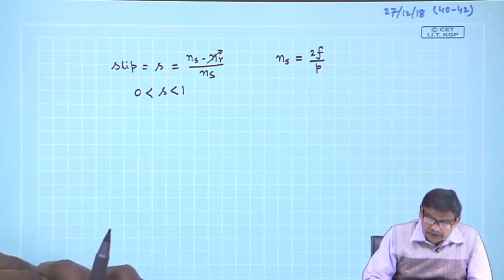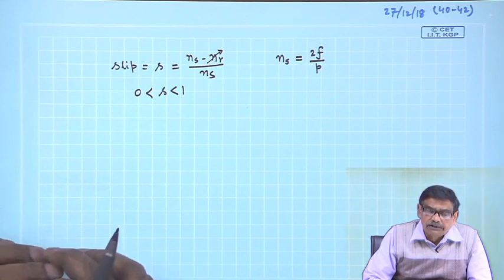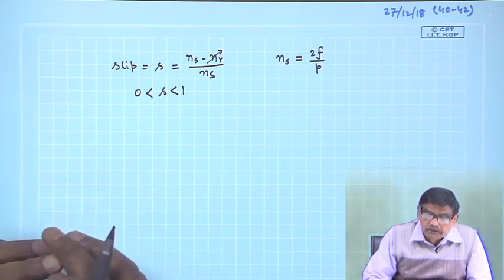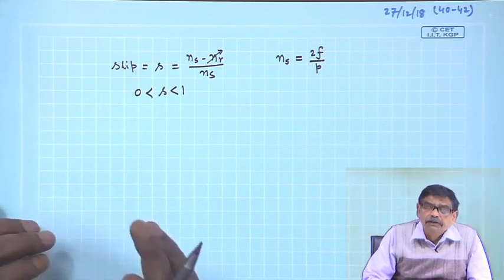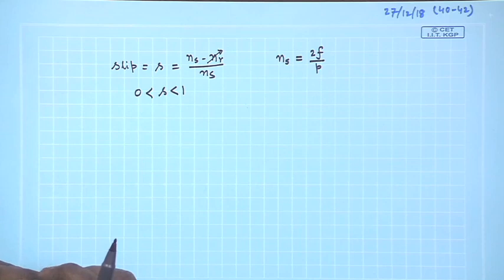We also discussed that under no load condition friction cannot be avoided, so the only opposing torque present is very little and may be due to friction. When we say the machine is loaded, we are increasing that opposing torque.